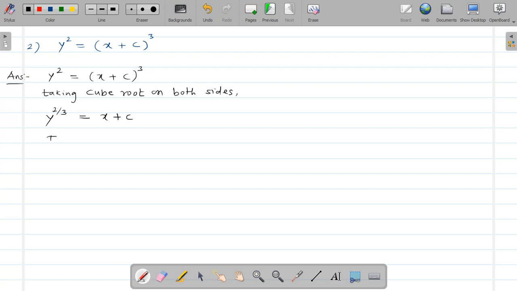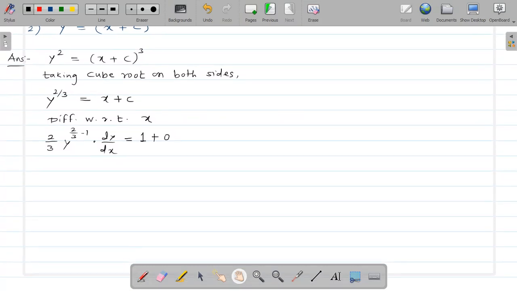So differentiate both sides with respect to x. Then the derivative of y raised to 2 by 3 will be 2 by 3 y raised to 2 by 3 minus 1 into dy by dx. See the derivative of y raised to 2 by 3 carefully, and it is equal to the right hand side, which contains x, whose derivative is 1, plus derivative of c is 0. So the constant is eliminated. Also the derivative is completed because c is only one constant.